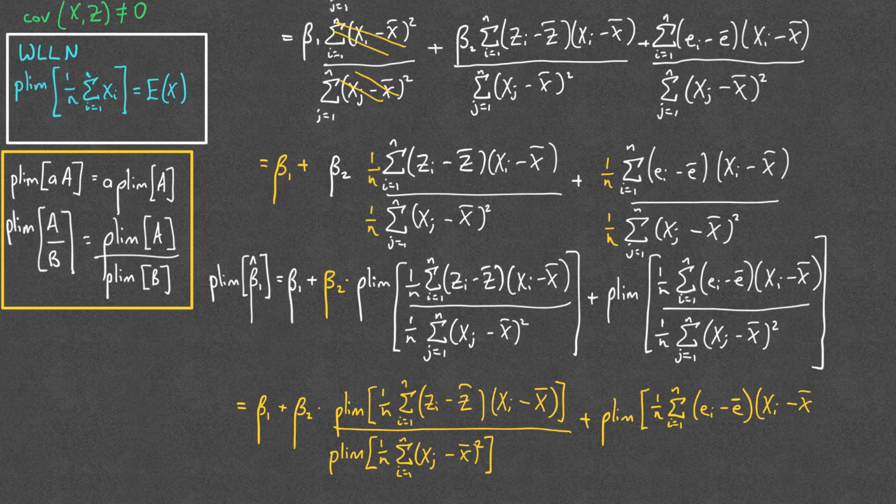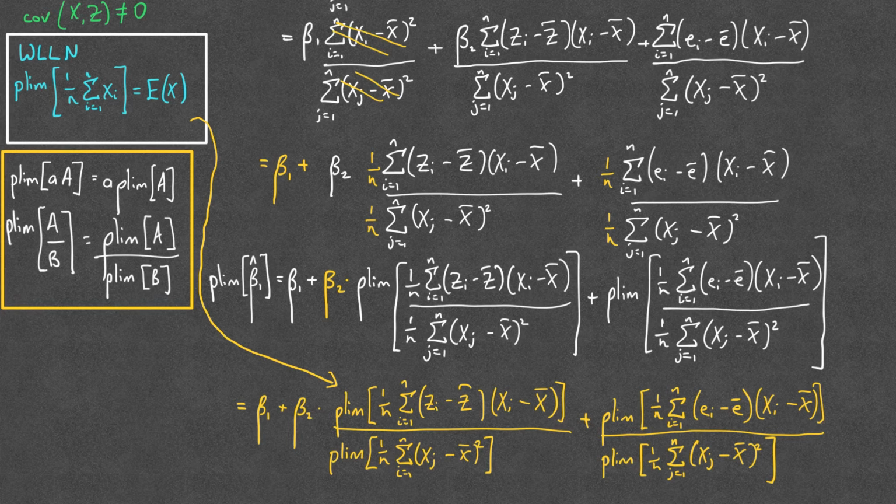Now, in order to move further, we're going to need to use our weak law of large numbers. The weak law of large numbers says when we're taking the p-lim of a sample mean, we converge with probability towards the expected value. So we're going to use this in order to evaluate our p-lims.